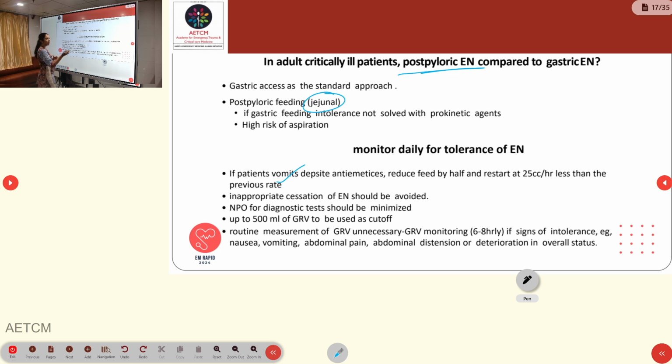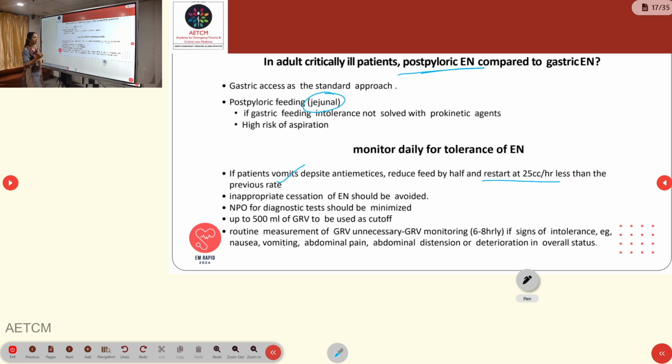So restart the feed at 25 cc per hour less than the previous rate, and inappropriate cessation of feeding because of vomiting should be avoided. And if the patient is NPO for some diagnostic test or procedure, NPO time should be minimized. Immediately after the procedure, feed should be restarted.